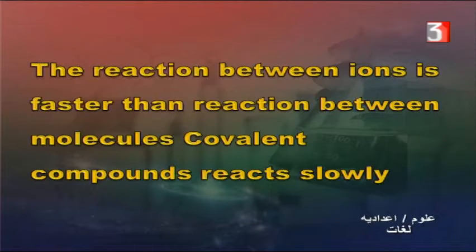The reaction between ions, for example sodium chloride and silver nitrate, will produce a white precipitate of silver chloride faster than the reaction between covalent molecules such as caustic soda with oil to form soap.